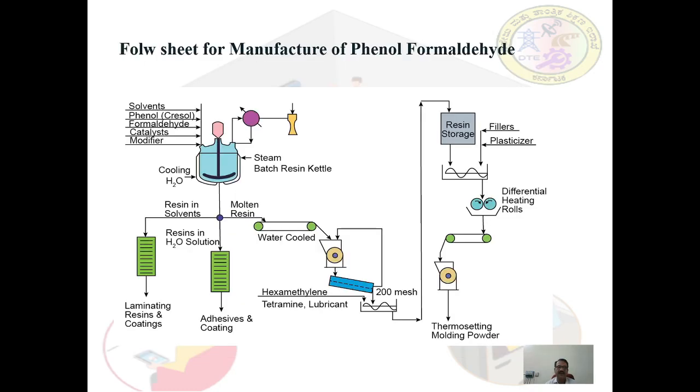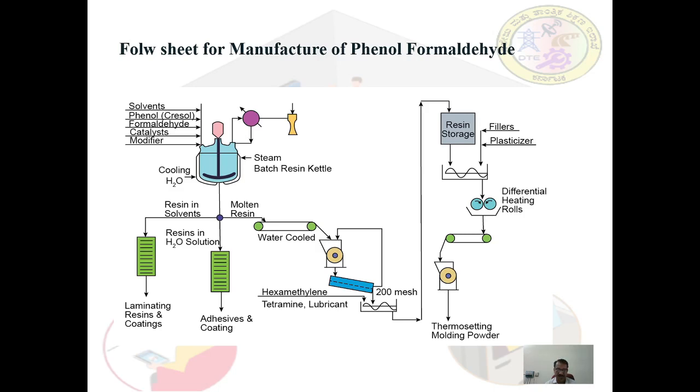This is the flow sheet for the production of phenol formaldehyde. Here solvent, phenol or cresol, formaldehyde, catalyst, and modifiers are all added. A batch resin kettle, which is water cooled and jacketed, with an agitator provided inside, is where the polymerization reaction takes place.